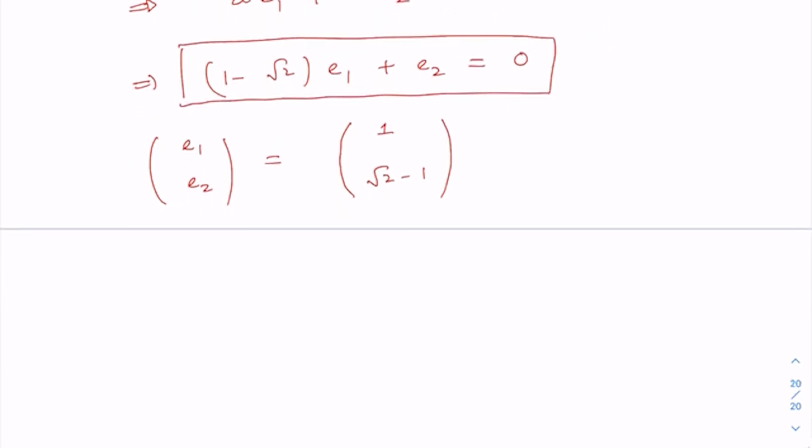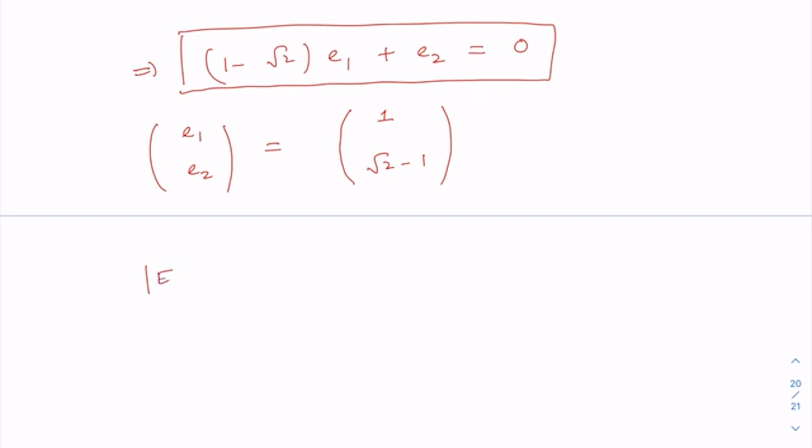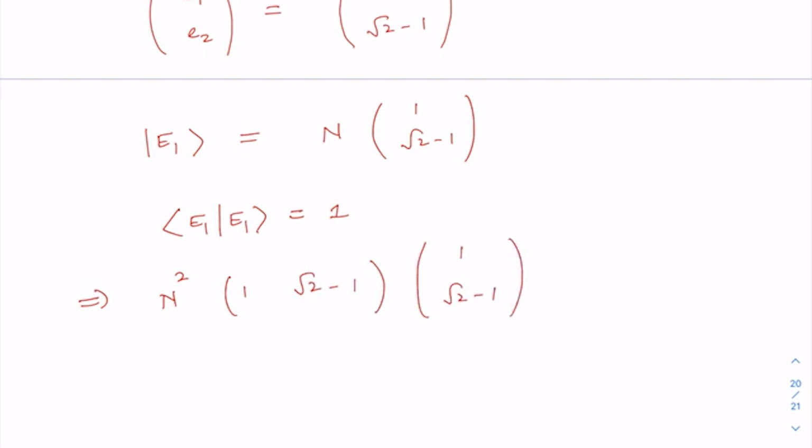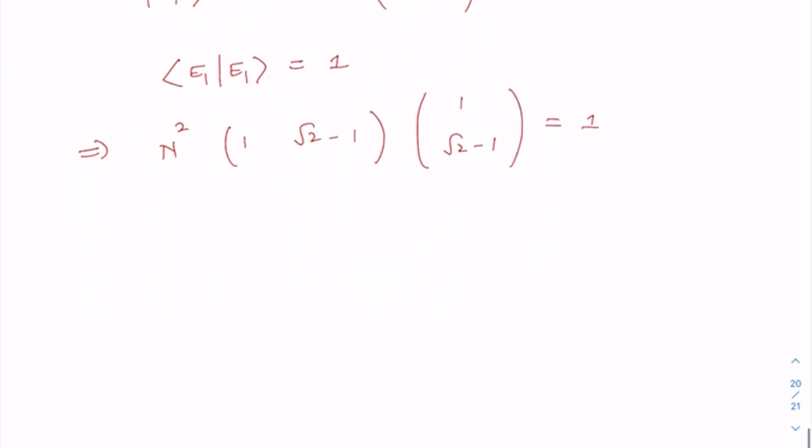Now this is the eigenvector, but this has to be normalized. So let me denote the eigenvector by the ket E1, and N is the normalization factor, so I have N times (1, root 2 minus 1). Because it has to be normalized, with e1 equal to 1, this will give us N square times (1 plus (root 2 minus 1) whole square) is equal to 1.